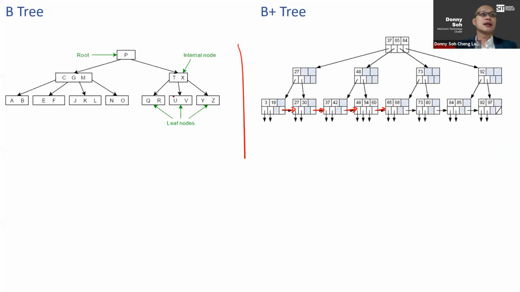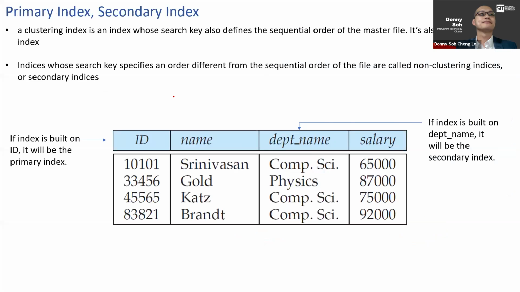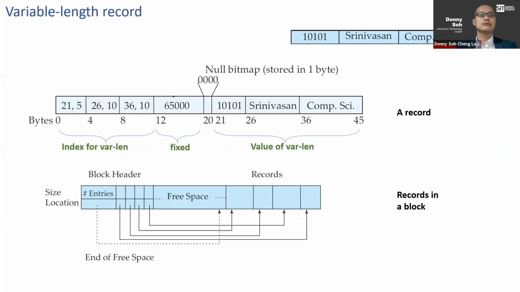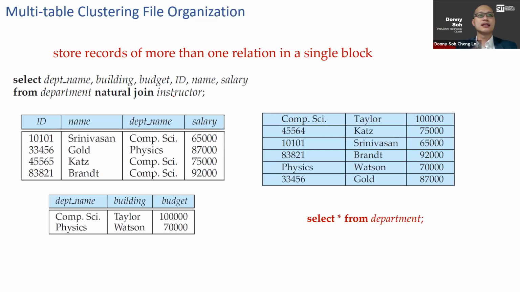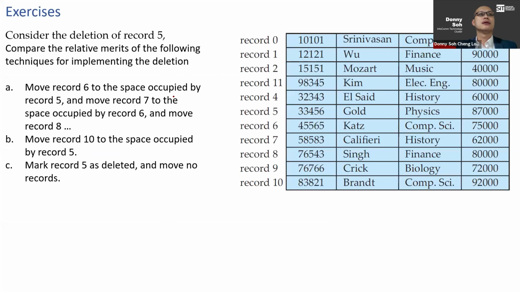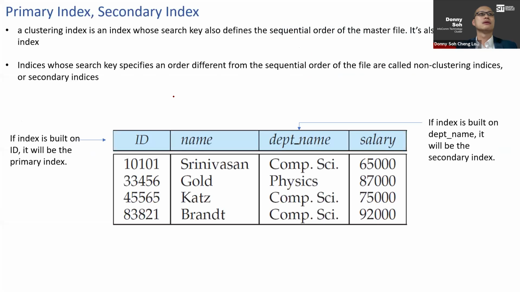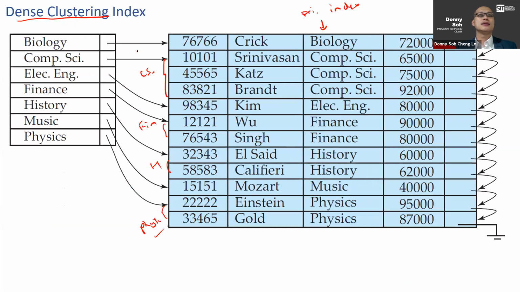The clustering index looks like this, whereby this points to the first one, and then after that it points to the second one.